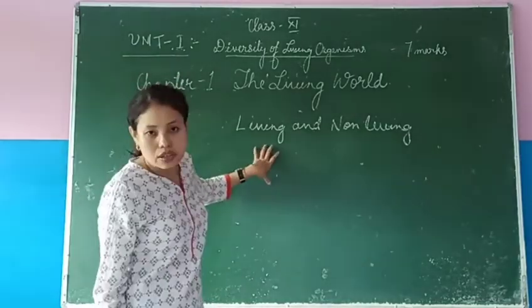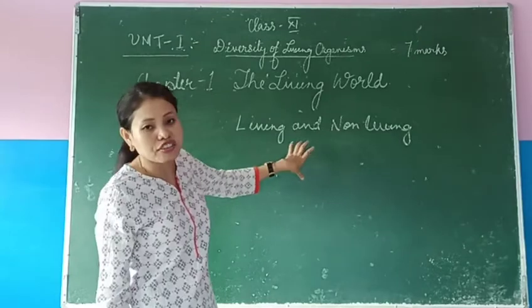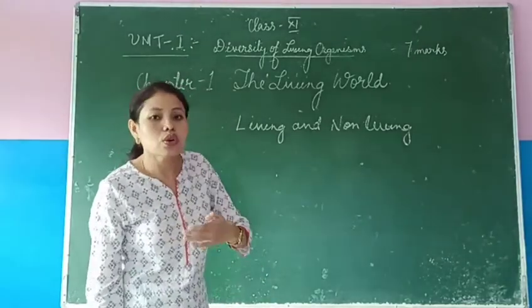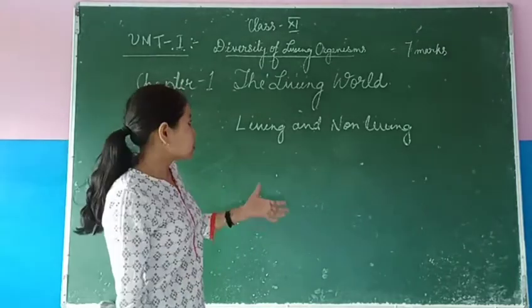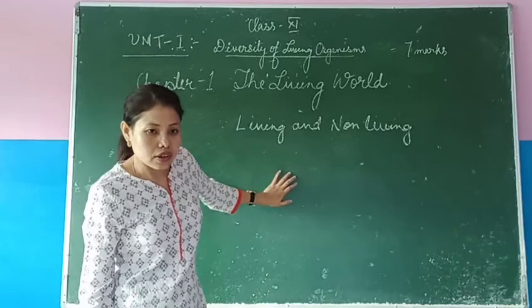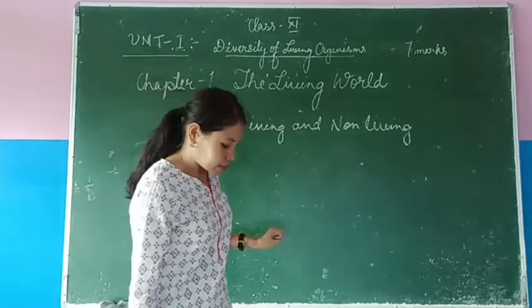All those are the characters of living, and the opposite of them is considered non-living. But as we go higher, since you are already in standard 11, we have to know the basic characters of living organisms.